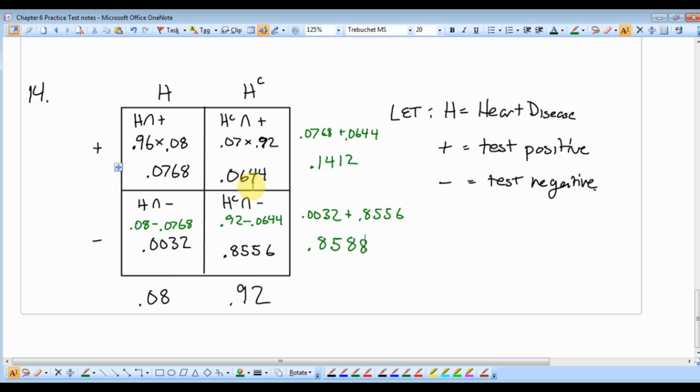This box over here, this one plus this box has to equal the probability of not having heart disease. So 92% minus 0.0644 gives you the probability that a randomly chosen person does not have heart disease, and they test negative.